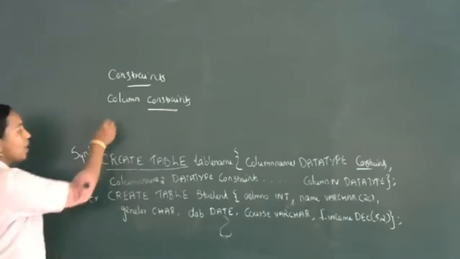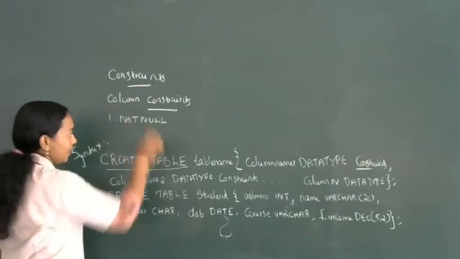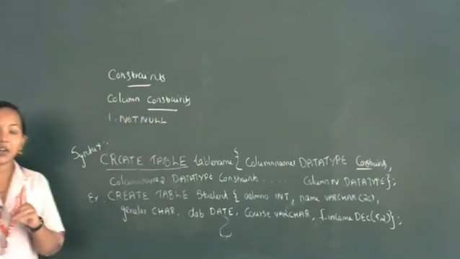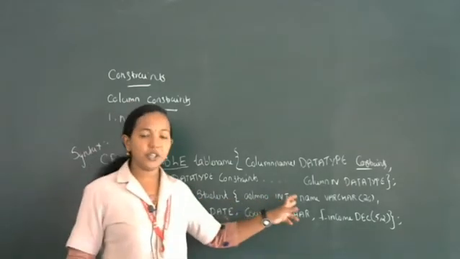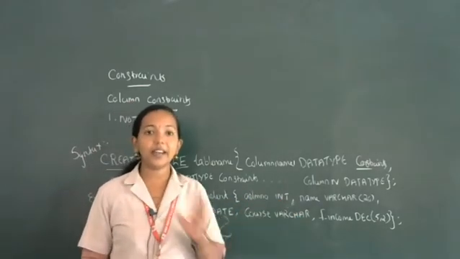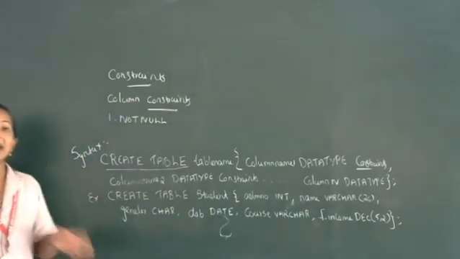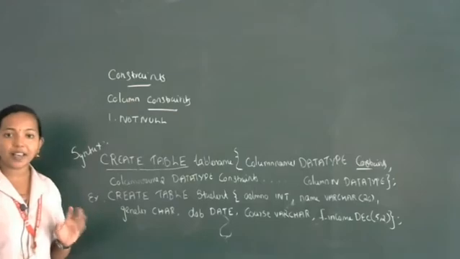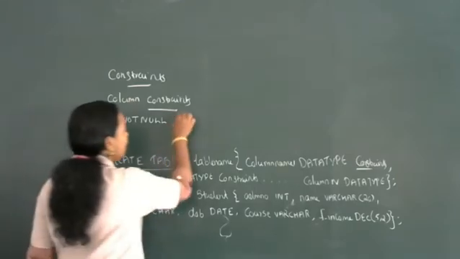So the first column constraint is not null. We can specify admission number int not null. That means the admission number column will not be empty because it is treated as a unique identifier.